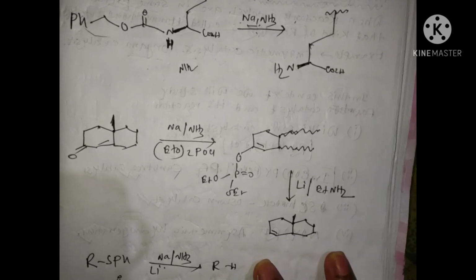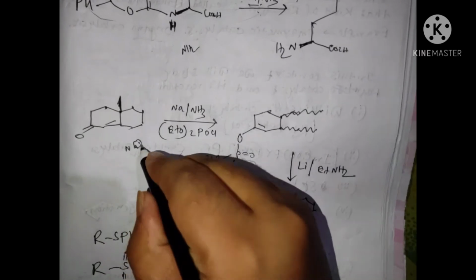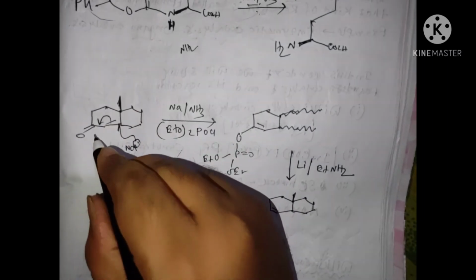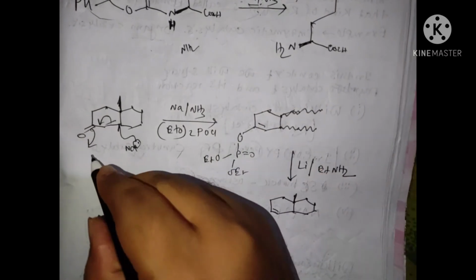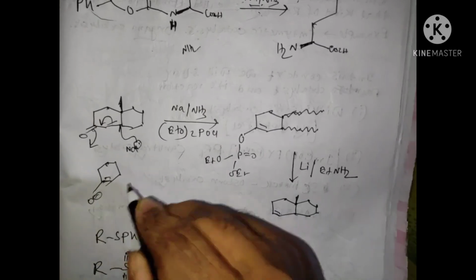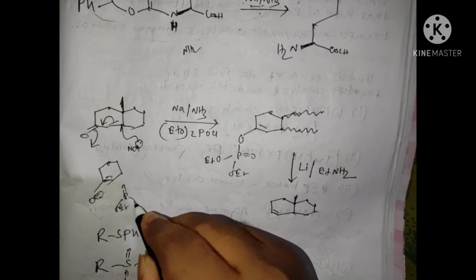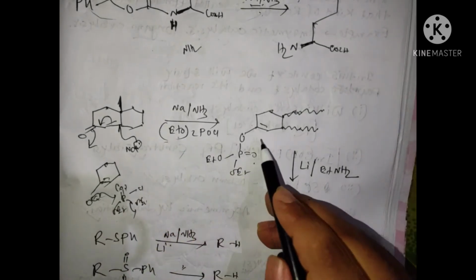The next example is very important. Sodium attacks here, and this becomes this anion. This anion attacks here, and ultimately takes this, so by this way we get this.